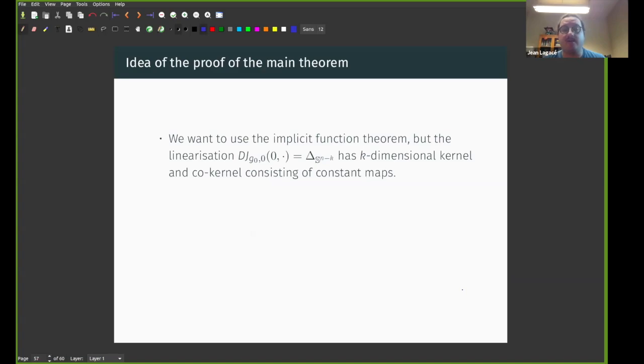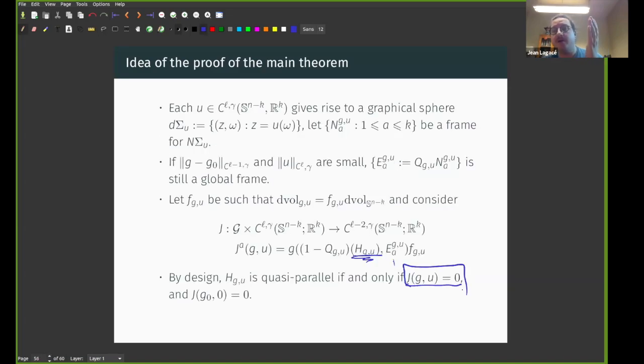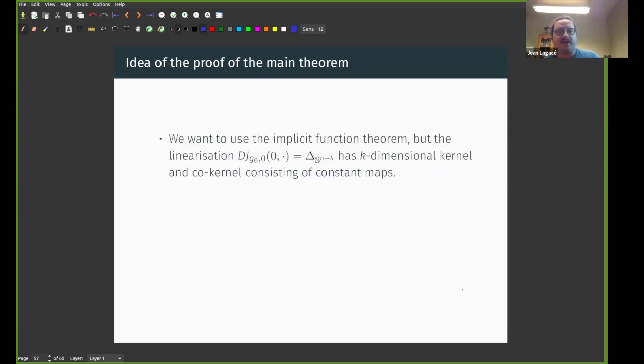Now, the idea is to use the implicit function theorem to tell me that in a neighborhood of 0, I will always be able to invert this J. The problem is that the linearization of this J is the Laplacian, really a matrix with k Laplacians on the diagonal, which has a k-dimensional kernel and cokernel consisting of the constant maps.